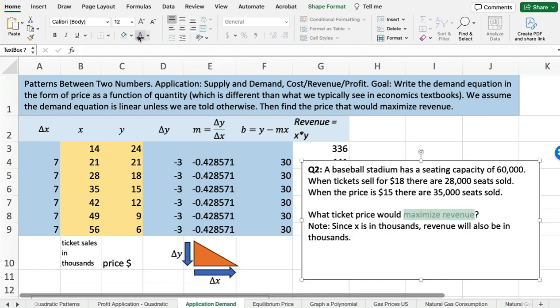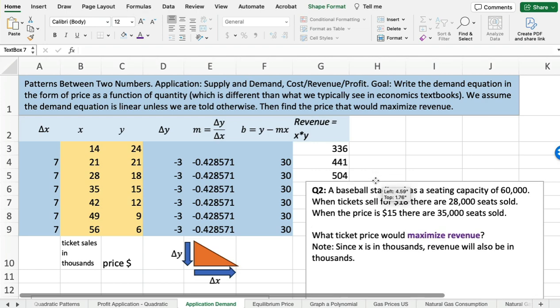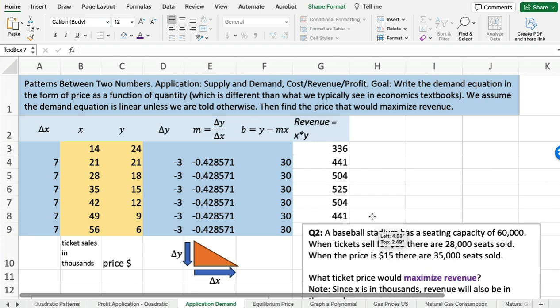And it's just a fact that revenue is price times quantity. Since quantity is a variable x and price is also a linear equation based on x, when you multiply two linear things, you get a quadratic thing. It may not be all that obvious from our table here, but that's exactly what we're about to see happen.